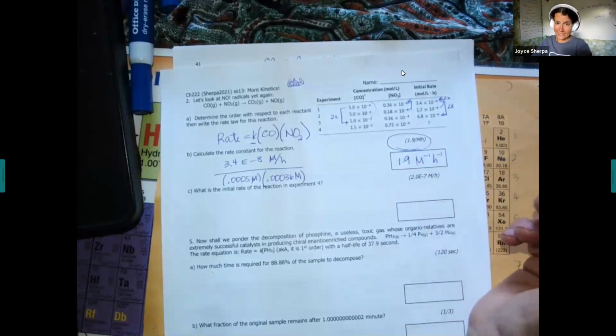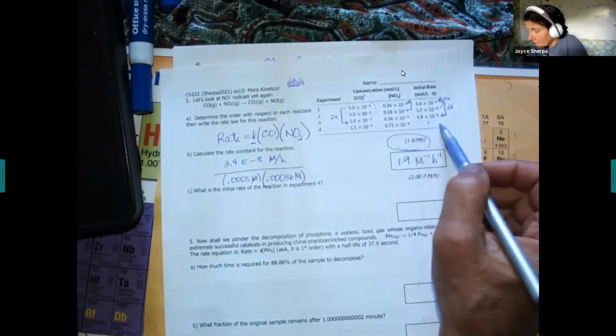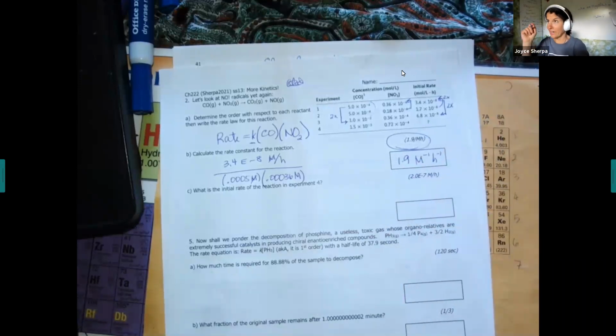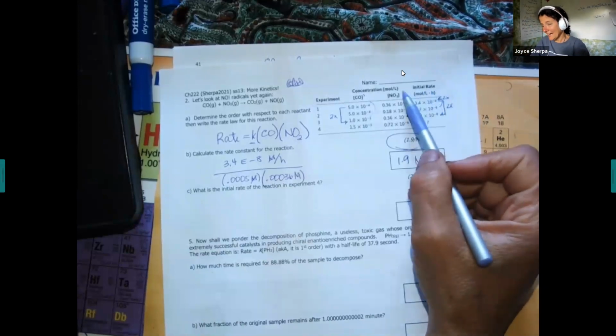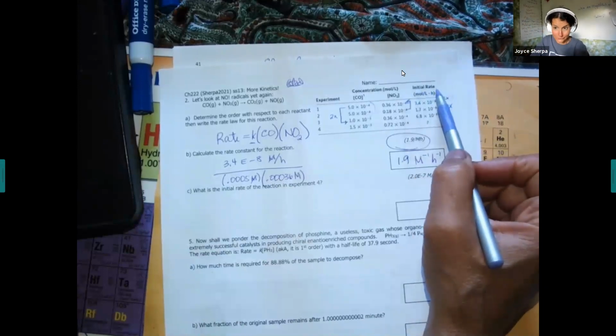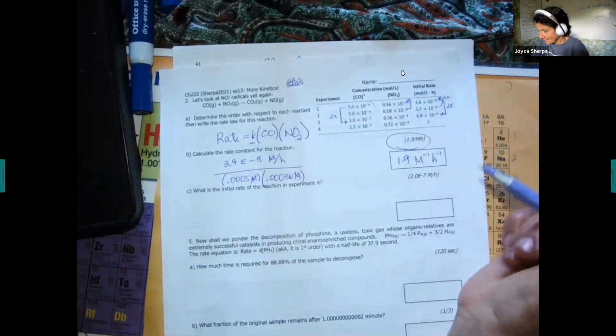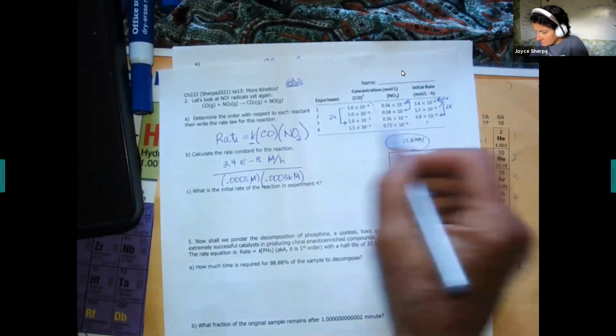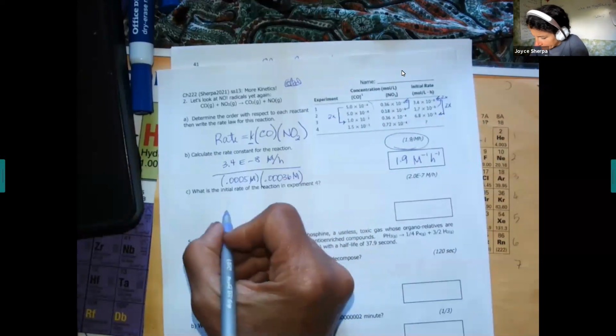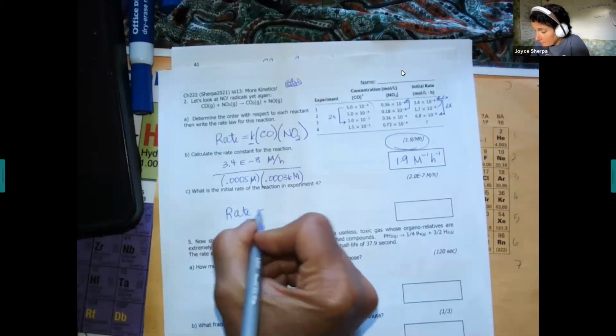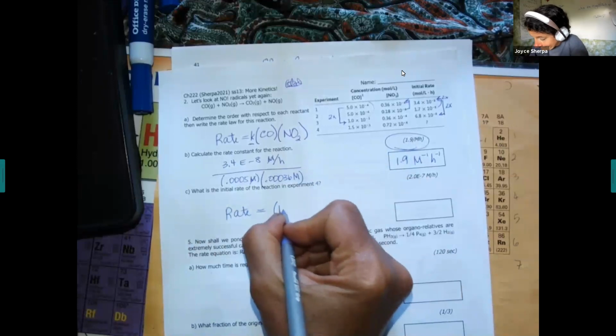All right, and then the initial rate for experiment 4. It is technically called the initial rate rather than rate, but I just say rate. And so we would just plug our numbers into our rate law. So the rate equals, you want to plug the K in.